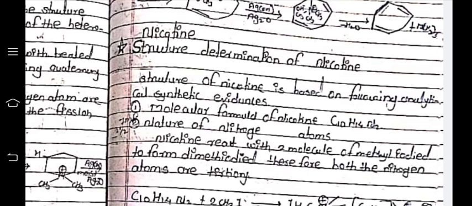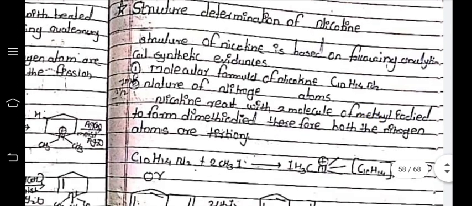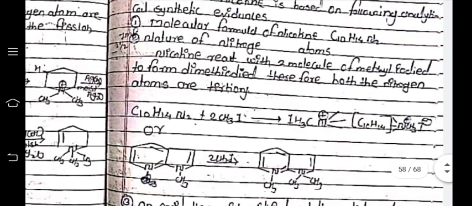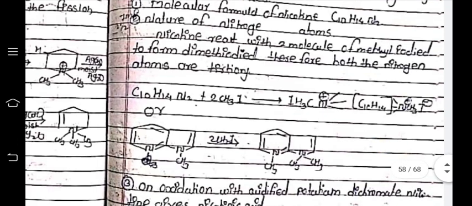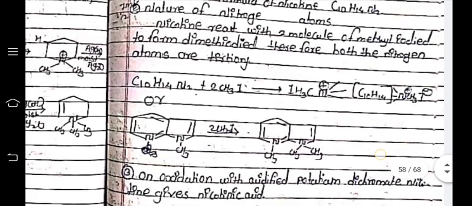Next is the structure determination of nicotine. The structure of nicotine is based on the following synthetic evidence. The molecular formula of nicotine is C10H14N2. Nature of the nitrogen atoms: nicotine reacts with two molecules of methyl iodide to form the dimethiodide.